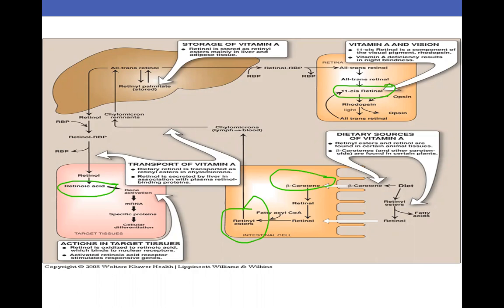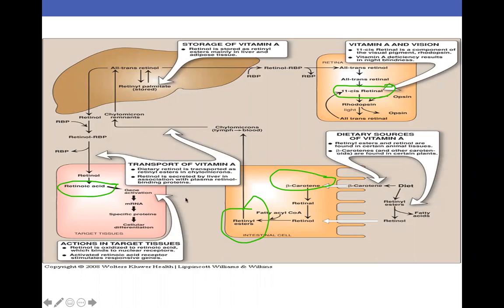And if you aren't aware, esterification, or adding an ester group to something, is going to make it more water soluble. That should help you remember that retinol esters are the specific form of vitamin A used for transport. So just to recap, beta carotene is important because it comes from the diet, specifically vegetables. Retinol esters is important because it's the transport form of vitamin A.